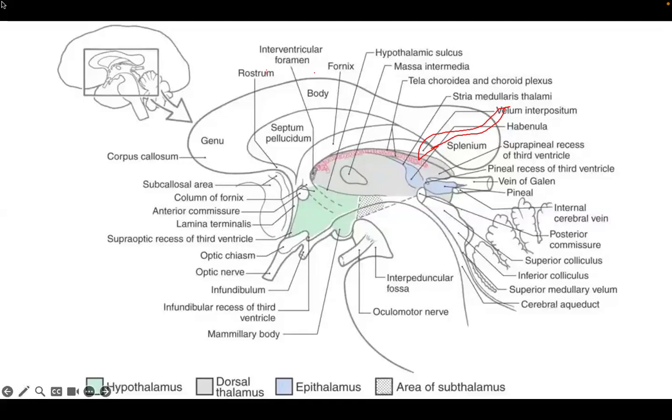Okay, all right. Someone has made a comment in the chat box. No, the ventricles are not located at the pons. Ventricles are located all over the brain. Let me just use a diagram to explain.